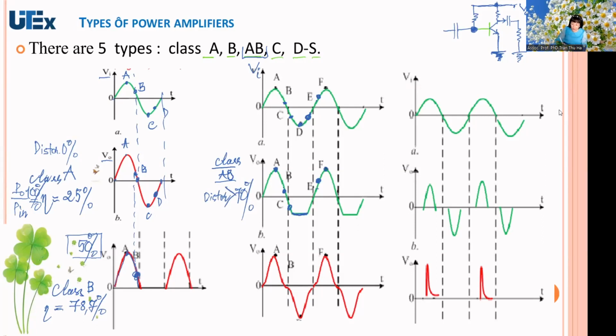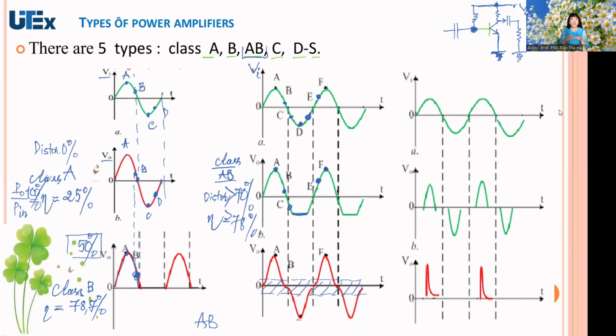And the efficiency is larger, 78%. It's very good. We can mix, right? And you can see in red color the output of the other kind of circuit. Here this is class AB2, and in this class we have the cross distortion, méo xuyên tâm, the output signal is distorted.